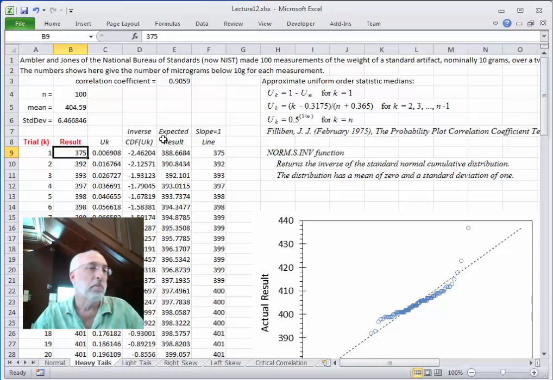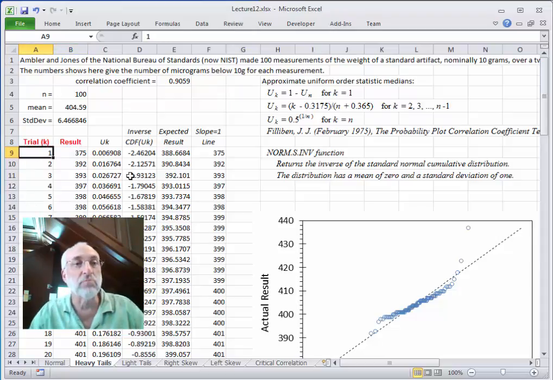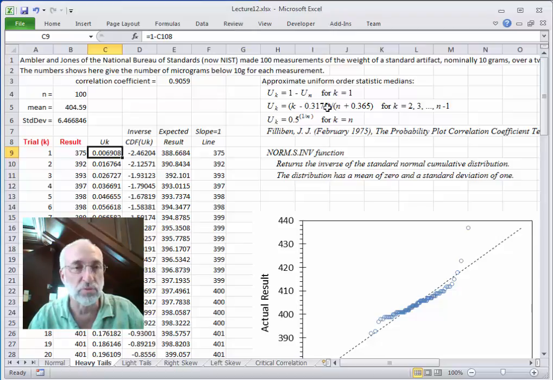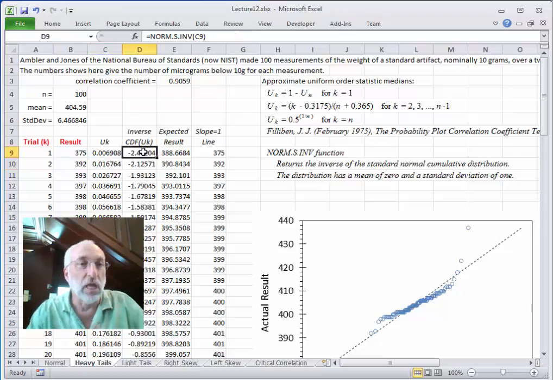I have these 100 data points. I then rank ordered them, from the smallest to the largest, and gave each a trial number, 1, 2, 3, etc. Now we're going to go through and perform our typical normal probability plot generation. The empirical CDF is generated using those same formulas I mentioned previously. Once I have those, I'm going to assume a normal distribution and take the inverse CDF.